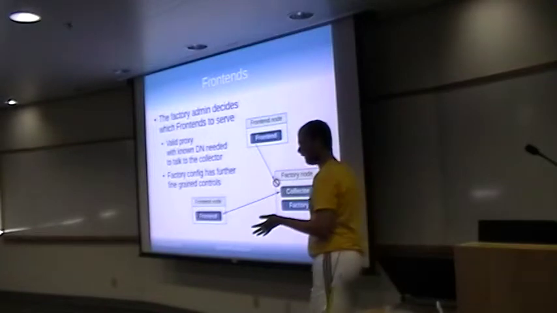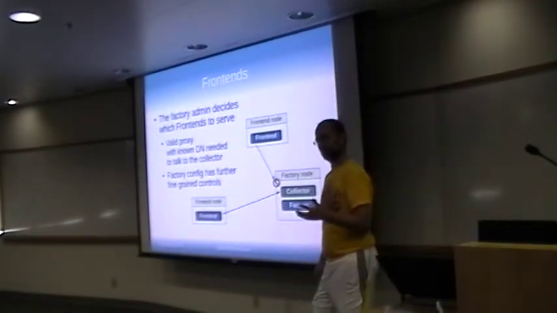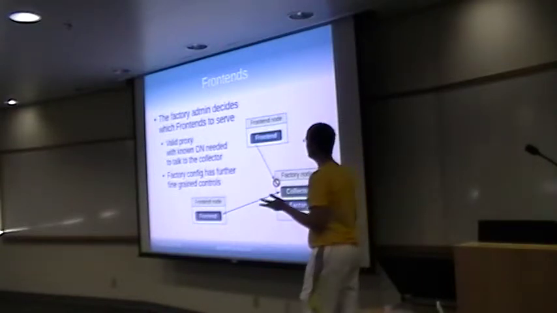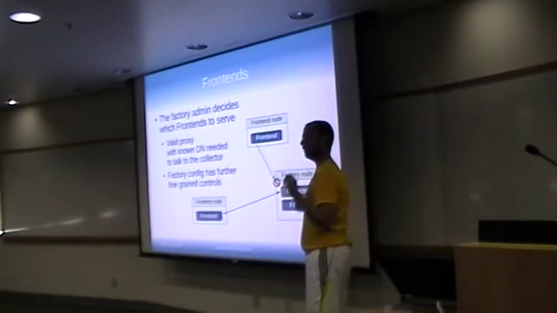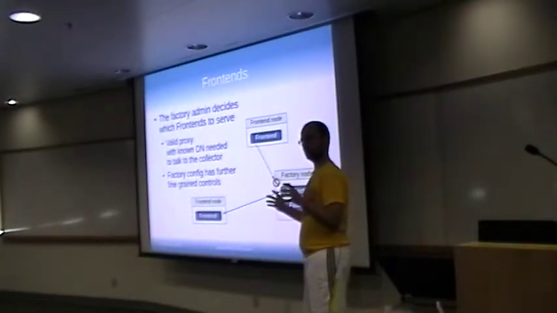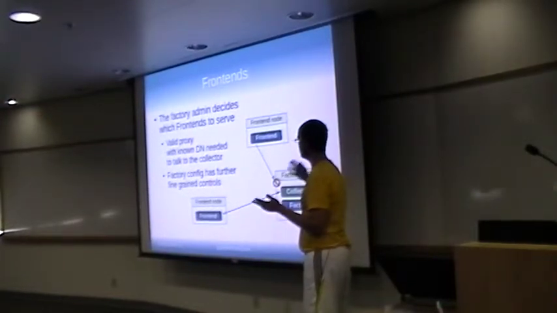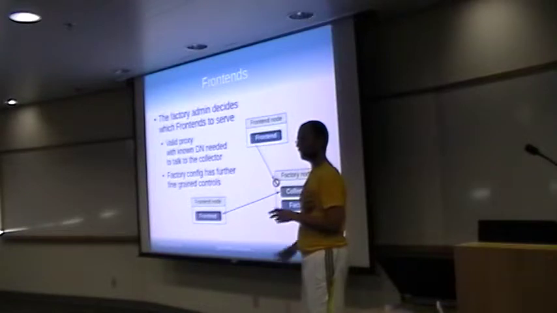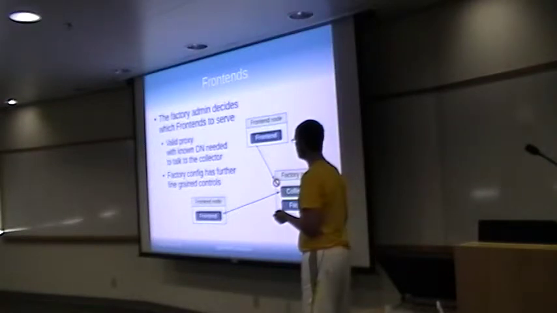Now, it's true that the factory is a slave, but it's a slave that decides who its master is. The factory admin decides which front ends to serve. It's not that we will serve anybody that comes along; the factory whitelists all the front ends that it will be serving. The authentication is based on X509 GSI proxies, standard stuff, and the DNs are whitelisted essentially.